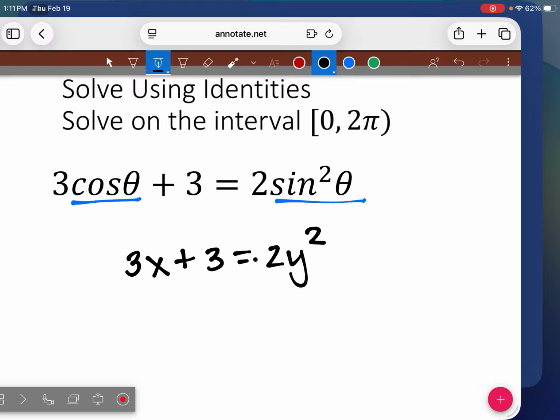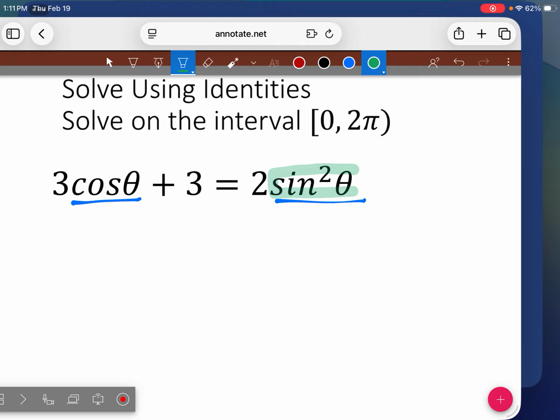We couldn't factor that, right? Because it has 2 different variables. Same thing. We need it to be one variable, which means that we're going to do a substitution. This is the only thing I can substitute out because it's squared. So I have 3 cosine theta plus 3 equals 2.